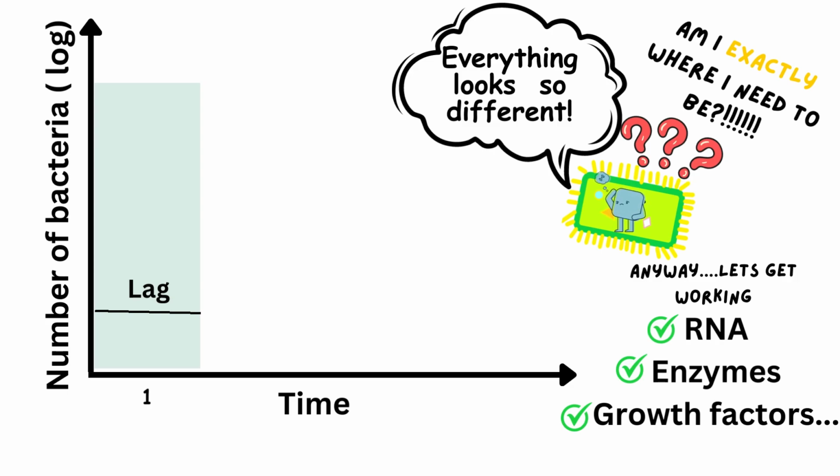Before cell division, it is essential for the cells to repair any damaged cells and synthesize RNA, enzymes, growth factors, and other essential metabolites that might be missing from this new environment. The cells therefore increase in size, are metabolically active but are unable to divide, and therefore no cell division or cell growth occurs in this phase.